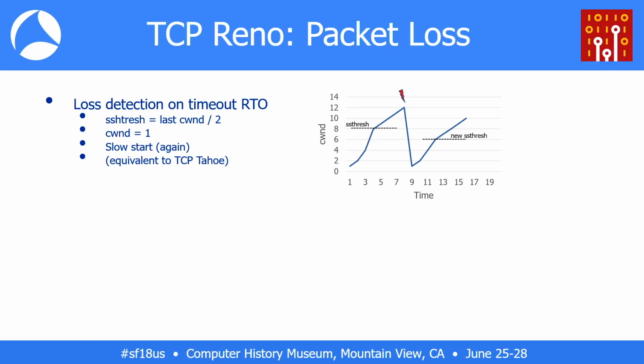And this value now, as you can see, is also lower than before, because if you run into a timeout, which is the worst case of packet loss in terms of throughput, the new slow start threshold will be half of the congestion window before. So if I had 12 before, the new threshold will be 6, and after I reach 6, I will go into congestion avoidance and a slow linear growth of my throughput. Okay? Does that make sense?